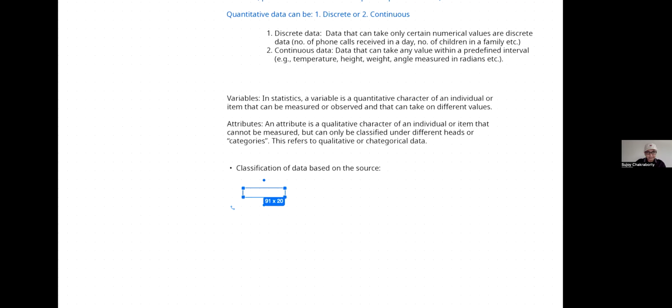So primary data means data that is directly collected from the field of inquiry, right, for a given purpose. Data that are collected directly from the field of inquiry, right?